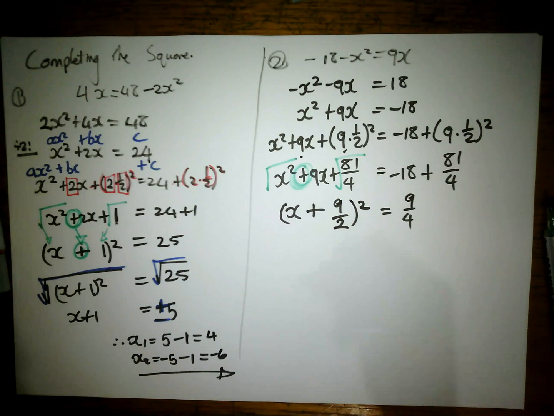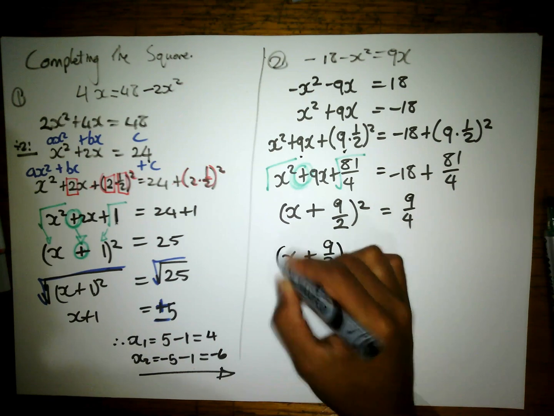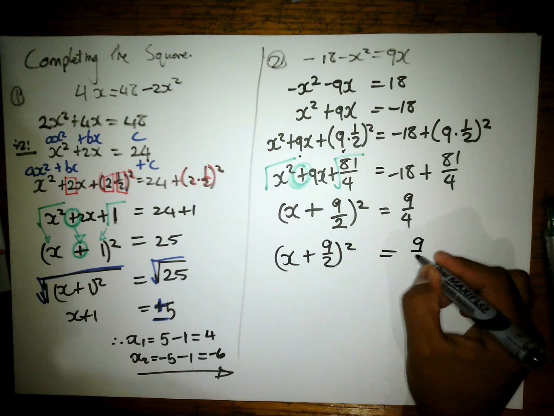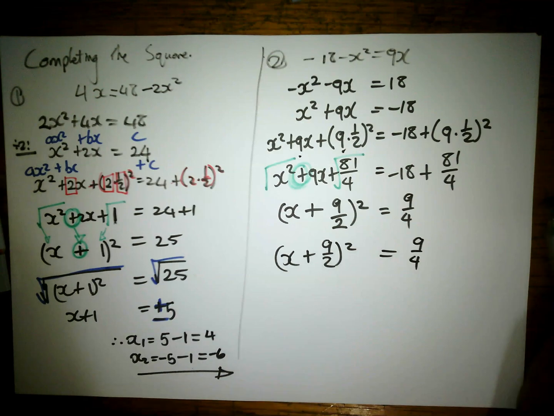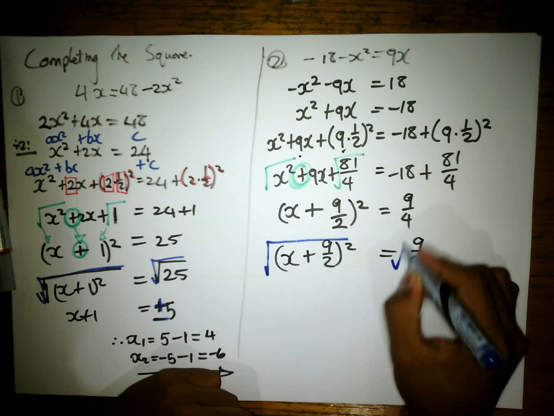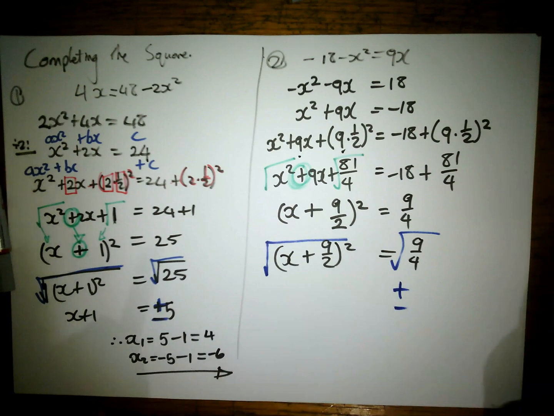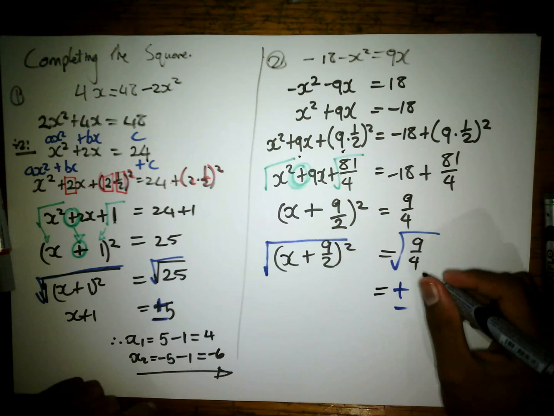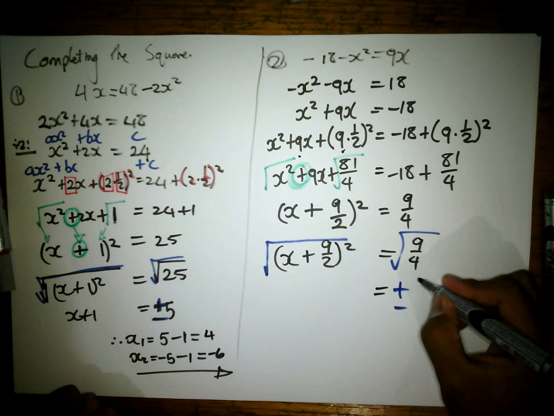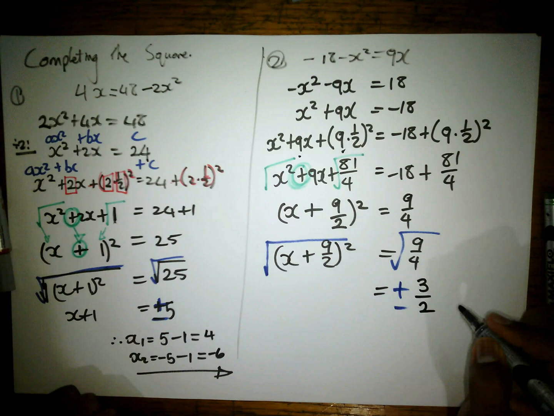Now, what we do is we square root both sides. And then we're going to be left with a plus minus, because whenever you square root a whole number, you're left with a plus or minus. So square root of 9 is 3, square root of 4 is 2.